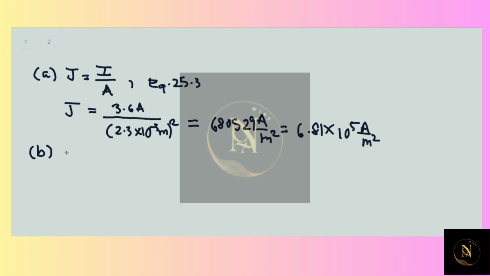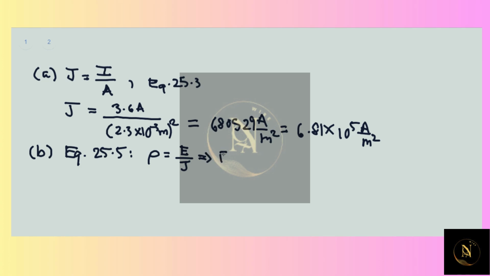So you again use a definition. First let me give you the equation. Using equation 25.5, you find that the resistivity is defined as the magnitude of the electric field over the current density.